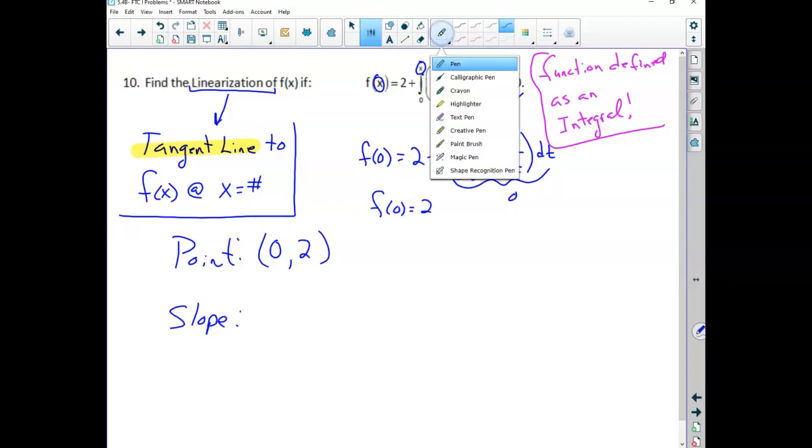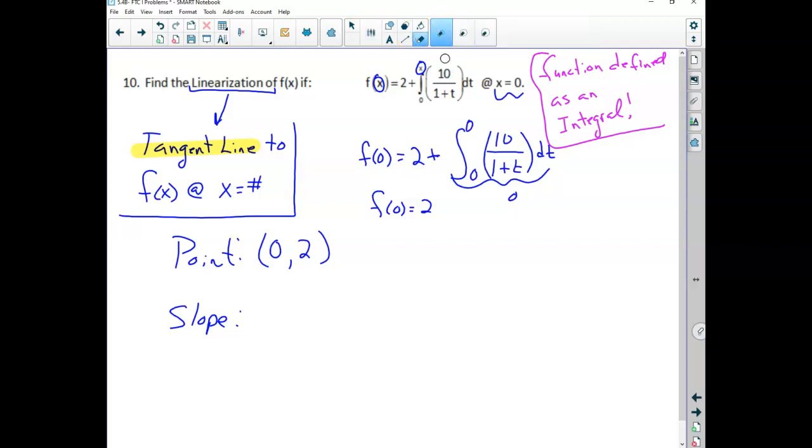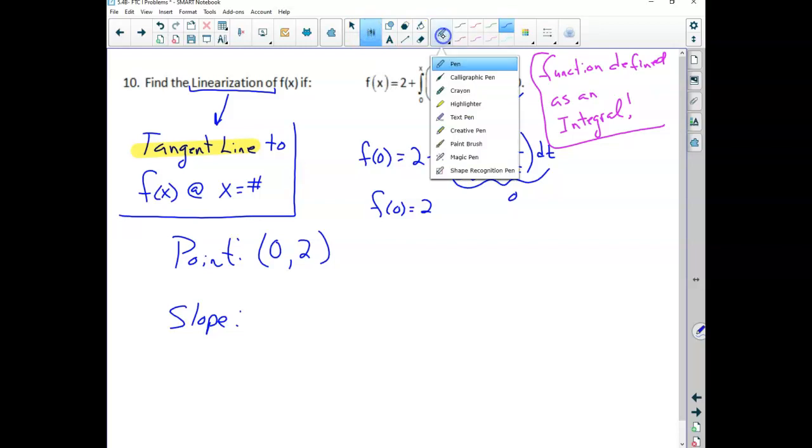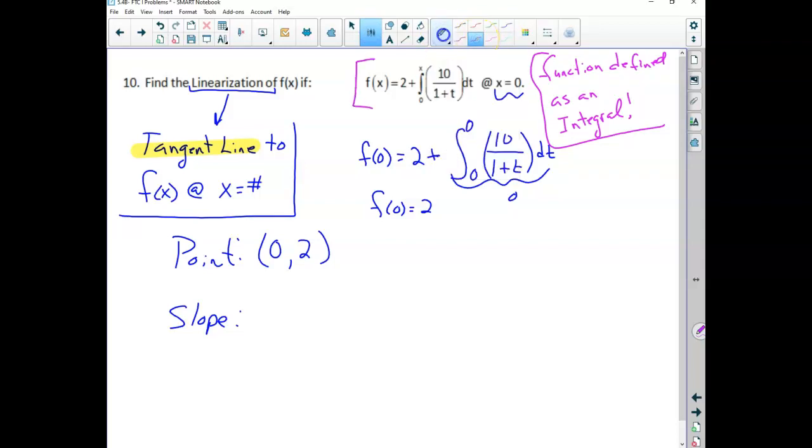So what do I need now? Now I need to know what my slope is. Thank goodness for the second fundamental theorem of calculus, because if I need slope, slope's a derivative. If this is f, I need to find f prime.